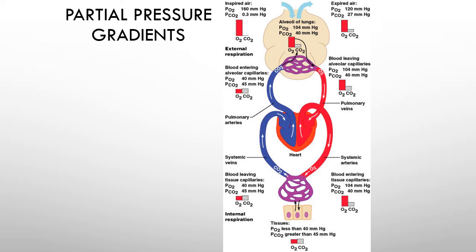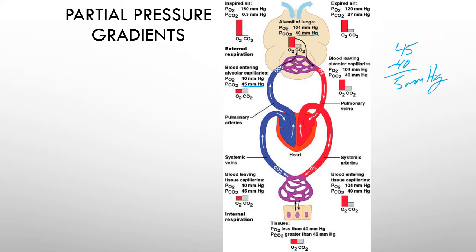For PCO2, our PCO2 in the alveoli is 40 millimeters of mercury, but in the blood coming into the capillaries, it's only at 45. So we've only got a 5 millimeter of mercury difference between the capillaries and that of the alveolus.